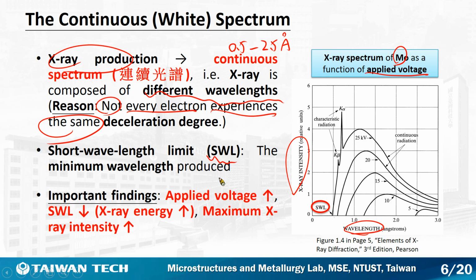As we know, if we have a smaller wavelength, we will have a greater energy for X-ray. Okay, so SWL is the minimum wavelength. So you can see that if we increase the voltage, let's say here from 5 to 10 to 15 and 20, this is kV, you see that it shows a decrease for SWL values.